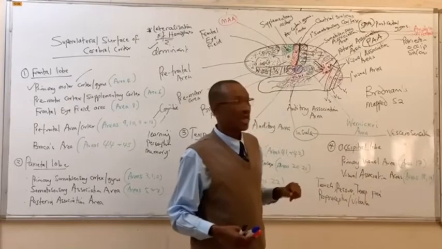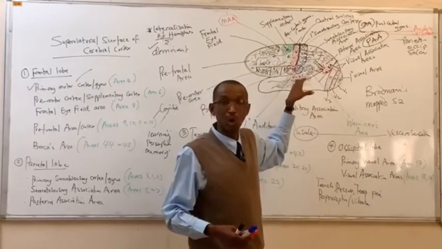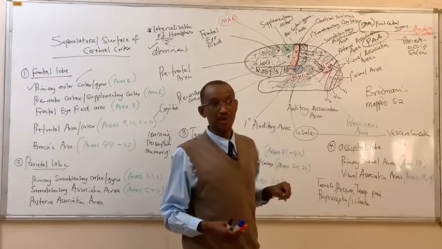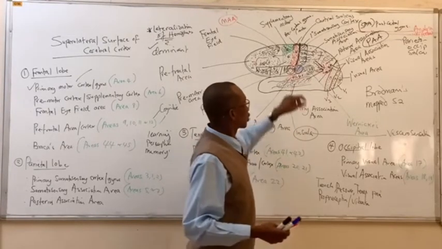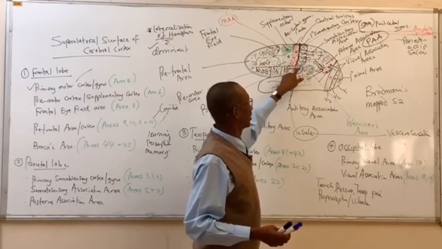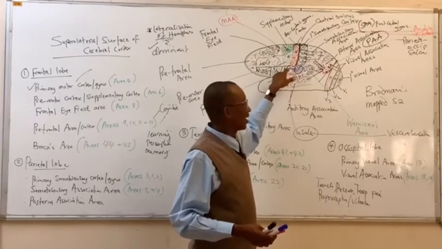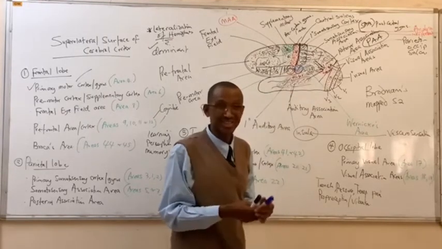That insula, I said, is hidden and is considered to be another small lobe of the cerebral hemisphere. You get my point?